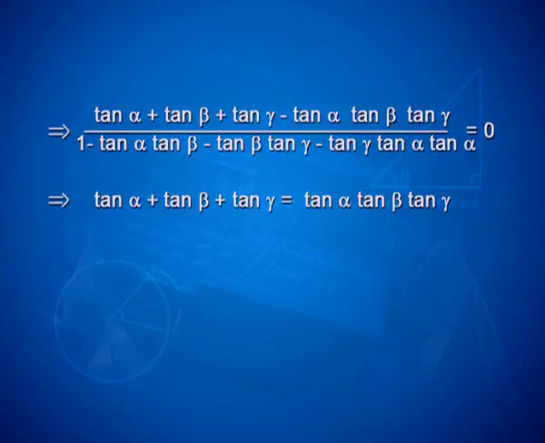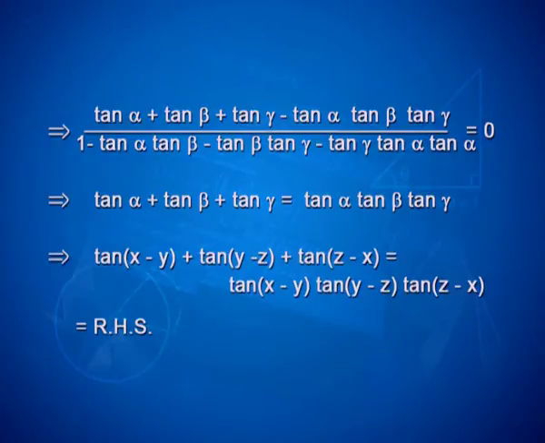This gives us tan of x minus y plus tan of y minus z plus tan of z minus x is equal to tan of x minus y into tan of y minus z into tan of z minus x, which is equal to RHS.